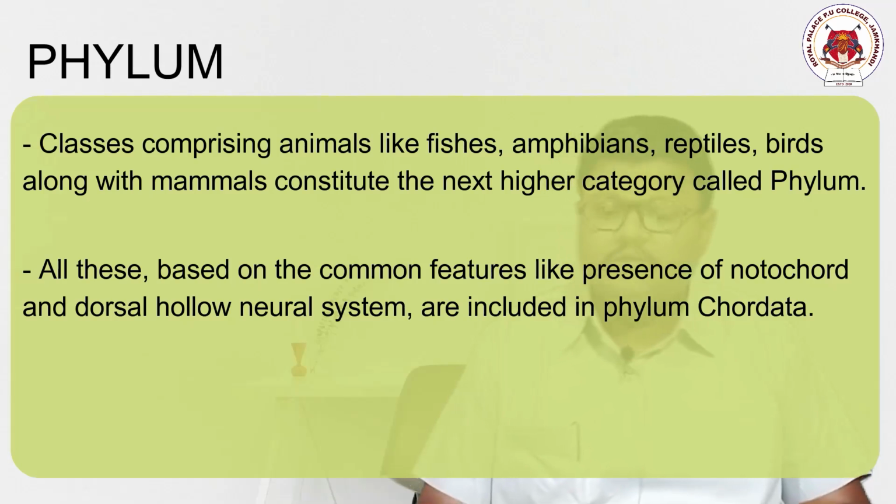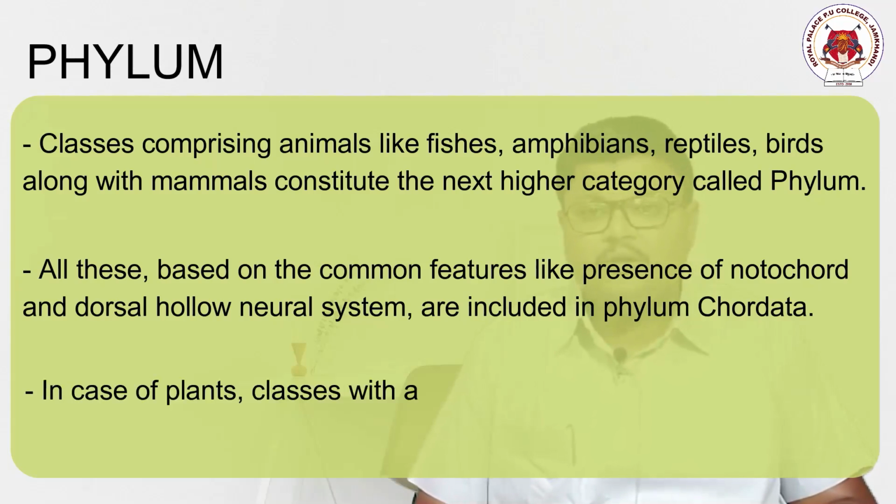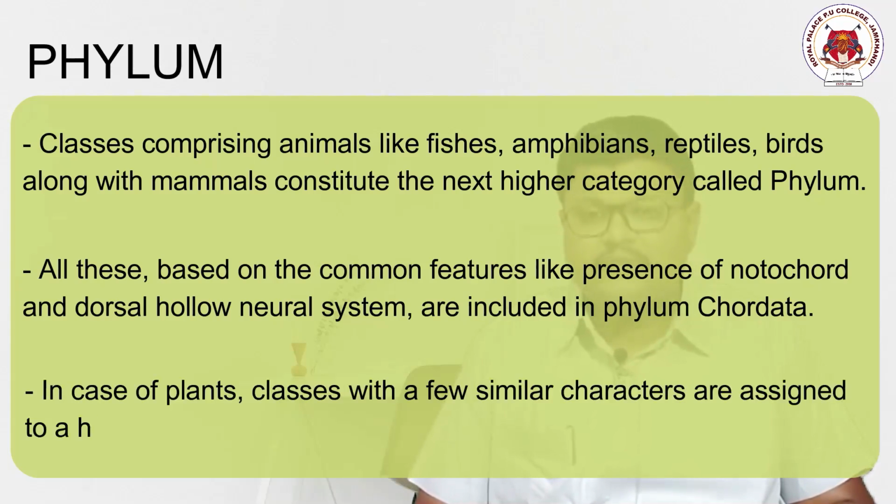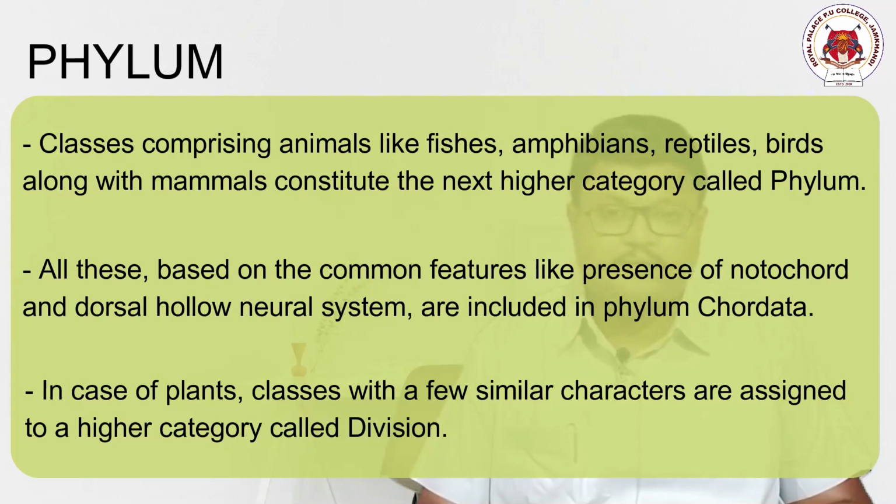Please stay with me. In my future classes, I'll be explaining different phylums connecting to animals and classes such as fishes, amphibians, reptiles, mammals, aves. All these come under one of the phylums. If I have to mention the group of classes in the case of animals, I would say phylum is the proper word.